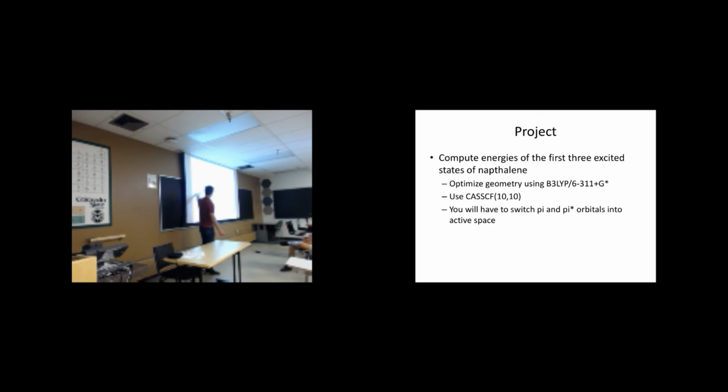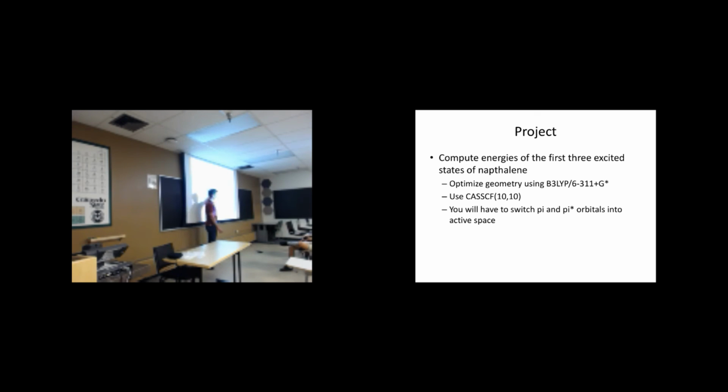The procedure that you should follow is to perform a geometry optimization first. Then remember, make sure that the geometry optimization converges. Then you're going to want to copy that optimized checkpoint file to multiple different inputs and perform your CAS-SCF calculation. But you're going to have to do some switching of the orbitals.